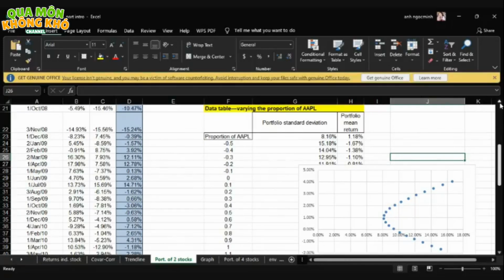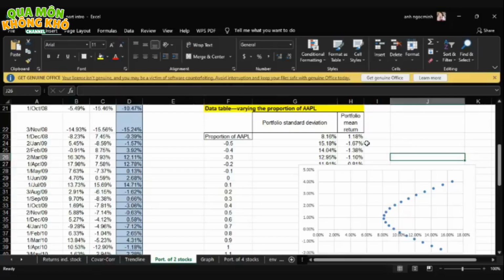But the basic principle you need to know is that you change the proportion, you change the weight of the stock in your portfolio, and it creates many possibilities, and this will draw the curve. We call the curve the efficient frontier, which we will study in the next chapter.